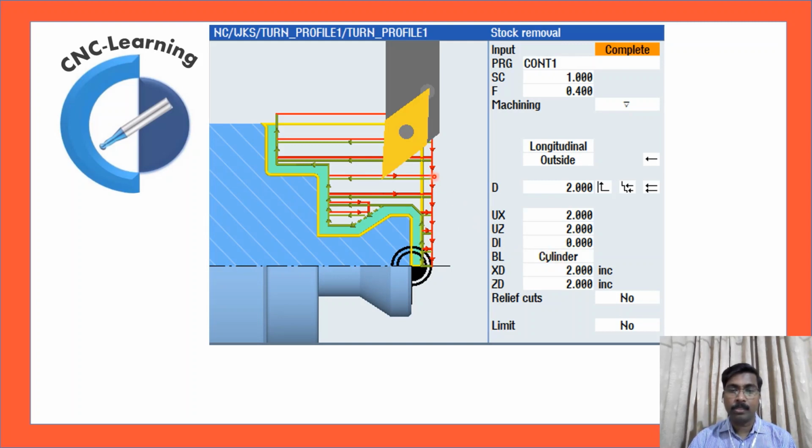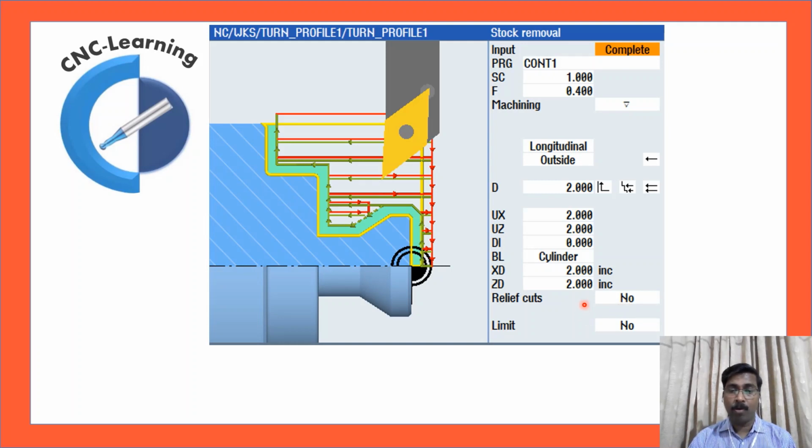And here the stock is defined as a cylinder, and here again 2 mm material is left out. Relief cut, if there is any, needs to be defined as yes or no for roughing. During roughing, whether you want to cut the relief, that is what relief cuts yes.